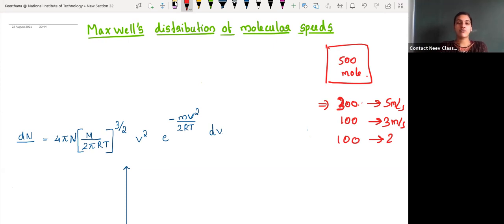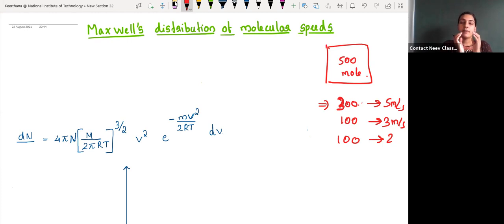Maxwell and Boltzmann both found this distribution, how molecular speeds are distributed among molecules in a container. And why are these molecular speeds changing? Due to random collisions, molecular speeds will change.